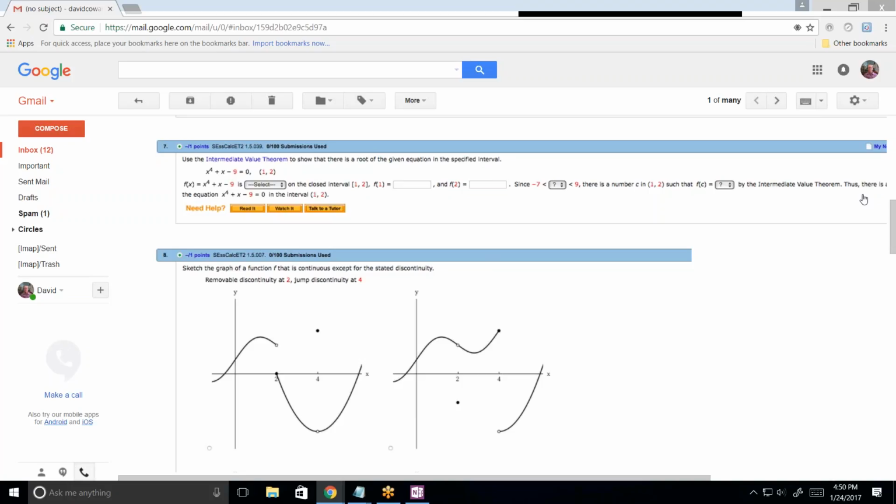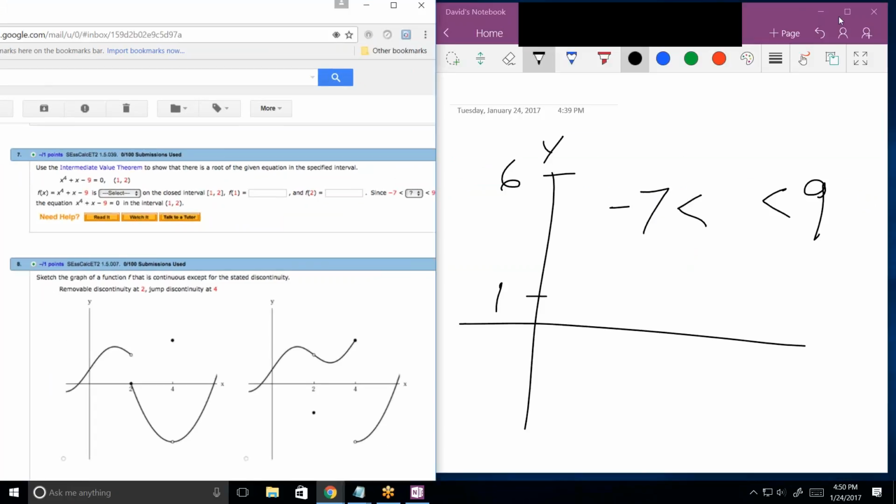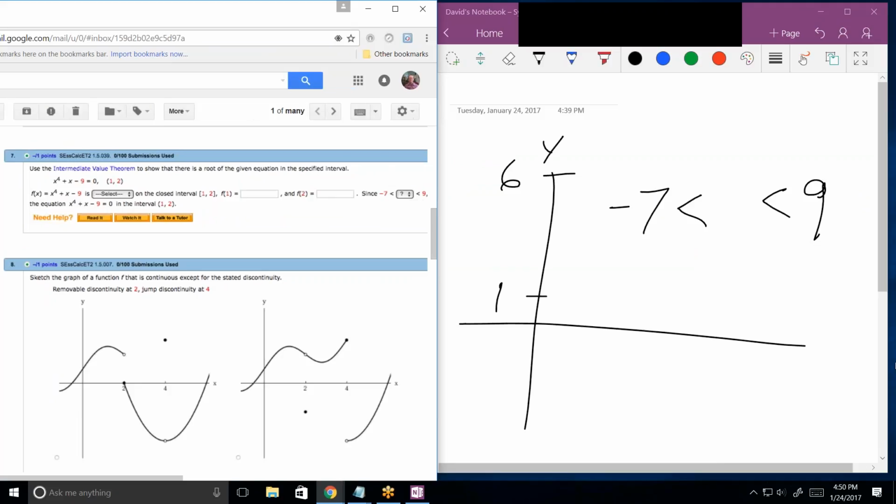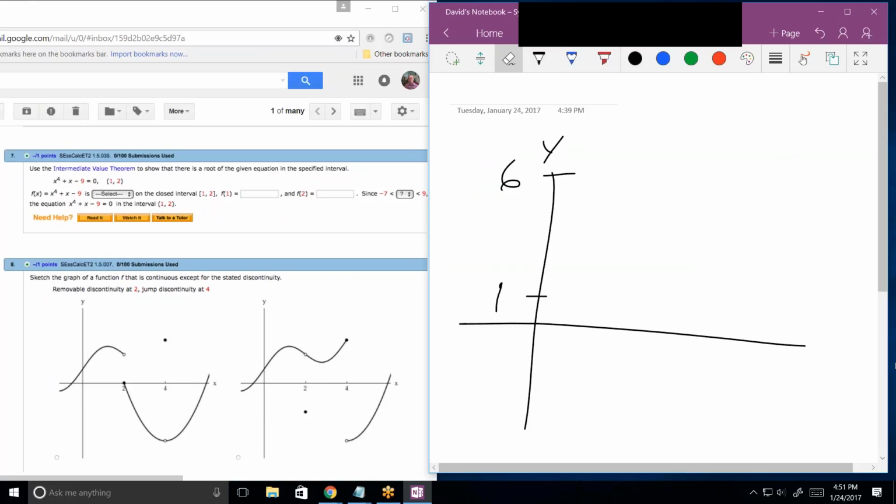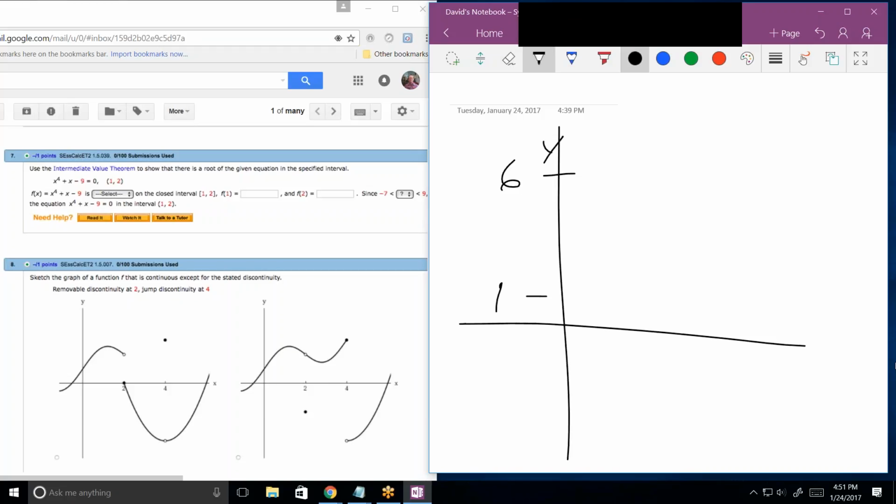Let me think for a second. This equation between 1 and 2 goes from -7 to 9. So let's draw what that's going to look like. Okay, here's -7, and up here, let's make that 9.